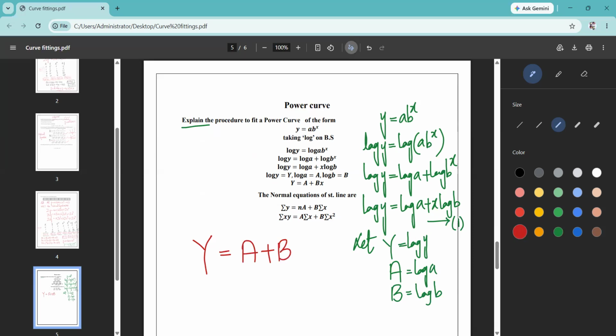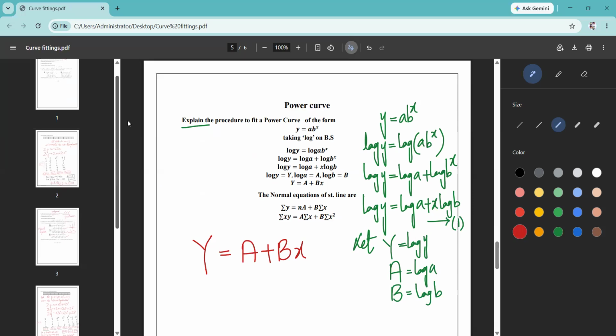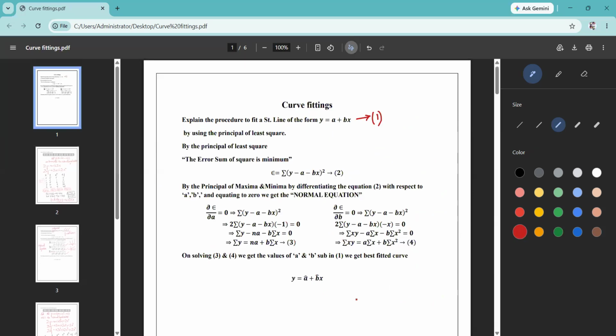X is your choice, either small or capital. Again, it has become a straight line only. For a straight line, we have this form. Look at the normal equations of the straight line. Here we have summation y is equal to, same thing we have to use.